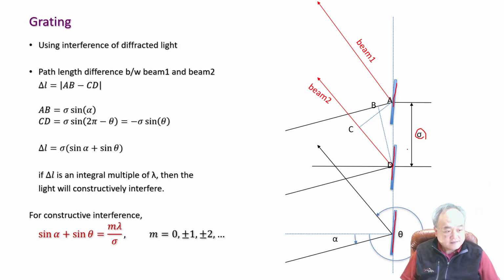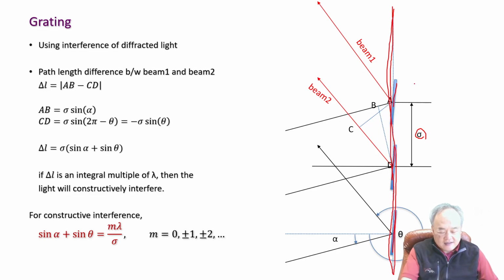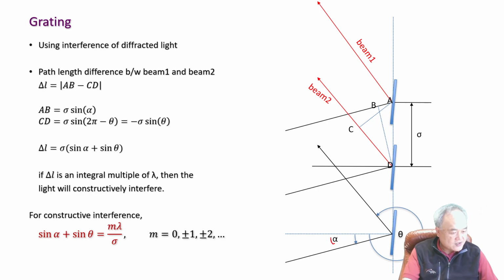Then imagine that each reflective mirror is rotated a tiny bit against the surface. This is the grating surface. The incident angle measured against this grating surface is called alpha.